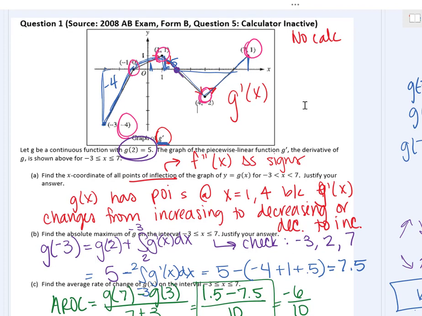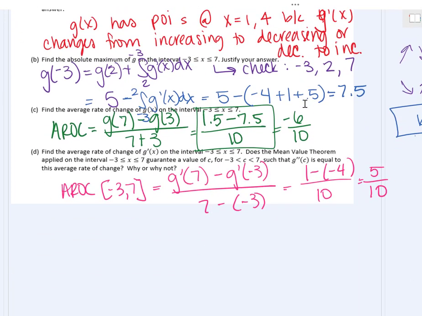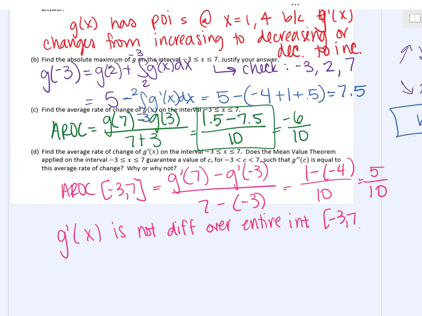So because it is not differentiable, the mean value theorem does not apply. So I'm going to say g prime of x is not differentiable over entire interval, negative 3 to 7, therefore MVT doesn't apply.